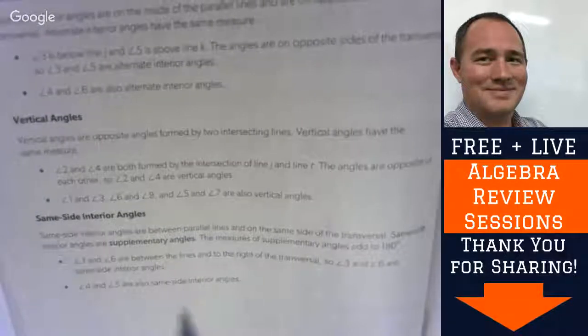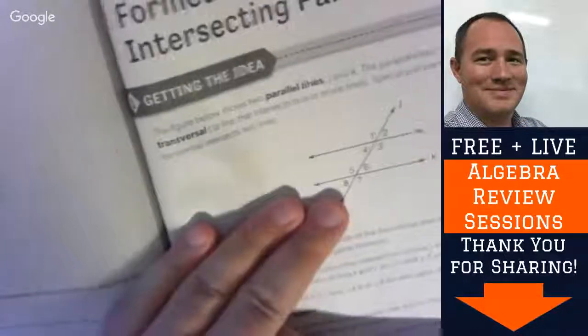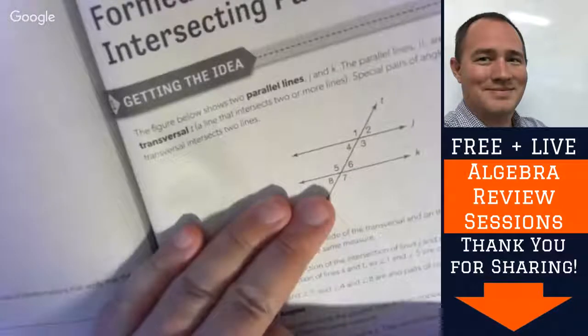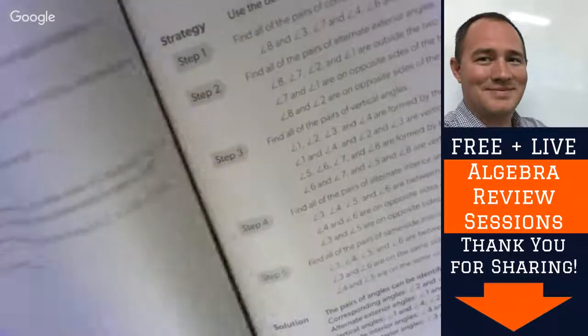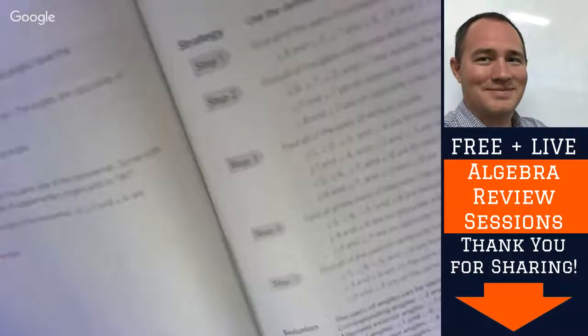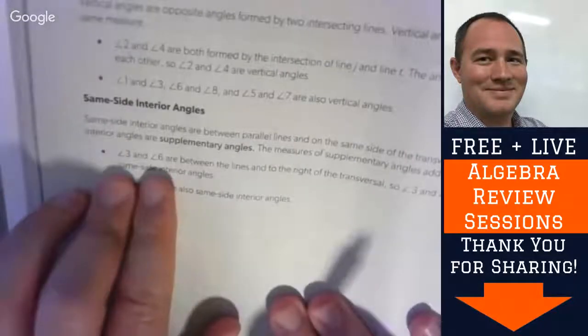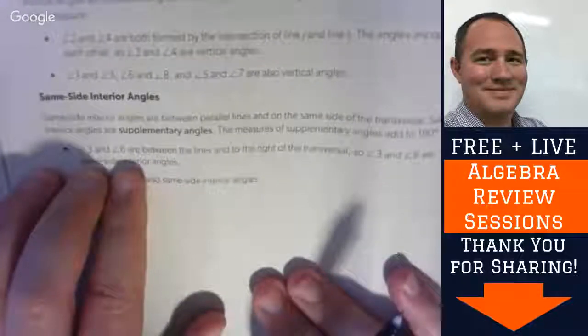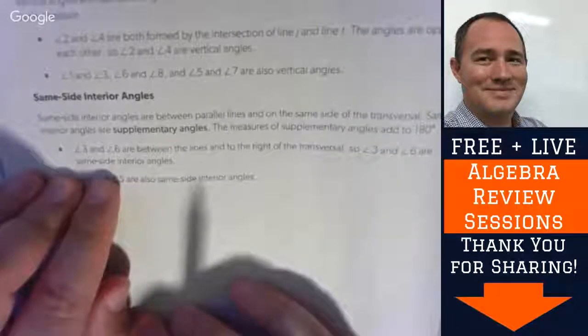Okay, so looking back at the example, what would be the same side interior angles? If they're on the interior, we're looking at 3 and 6. They're between the lines and to the right of the transversal.